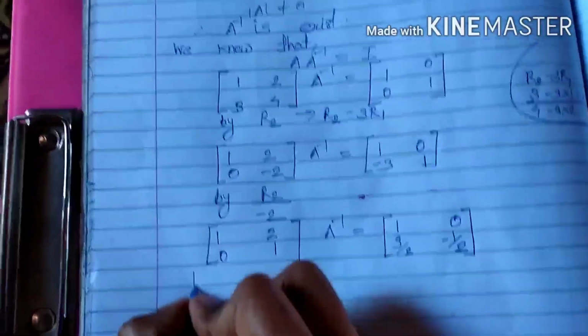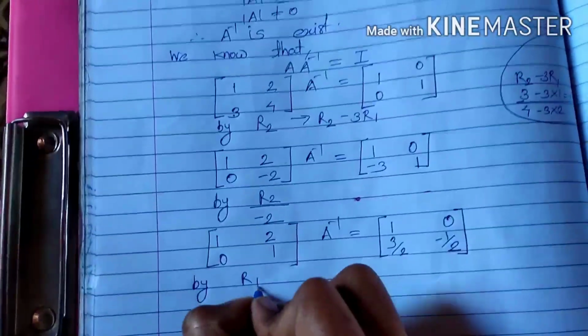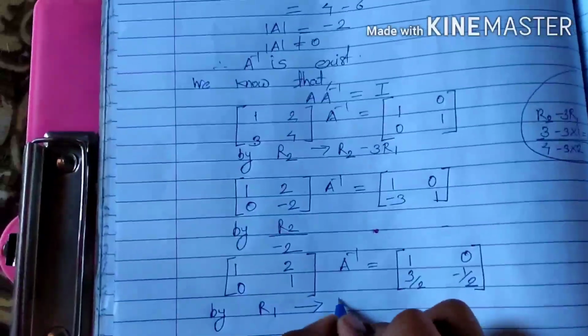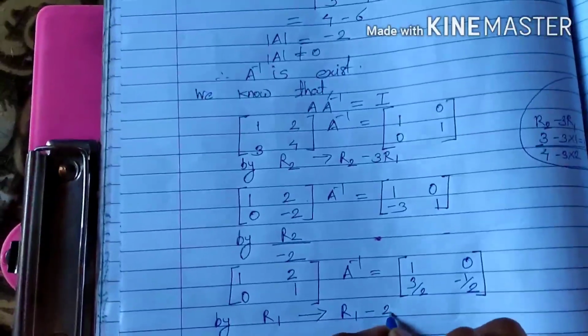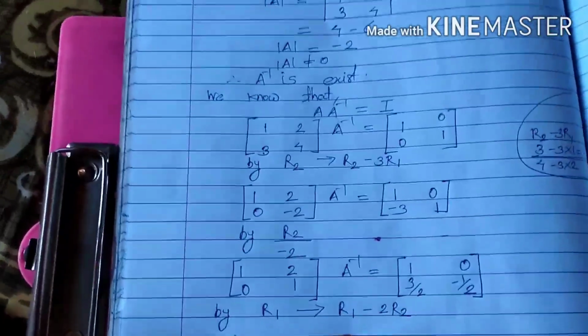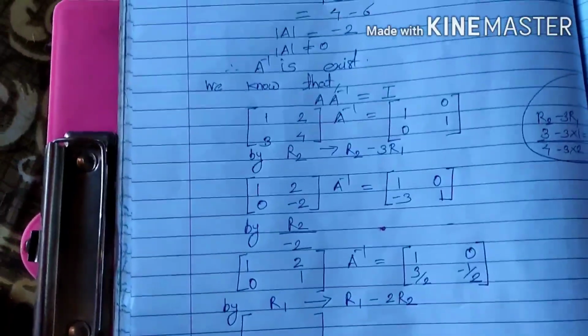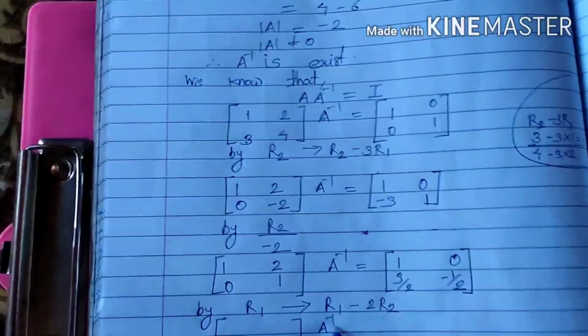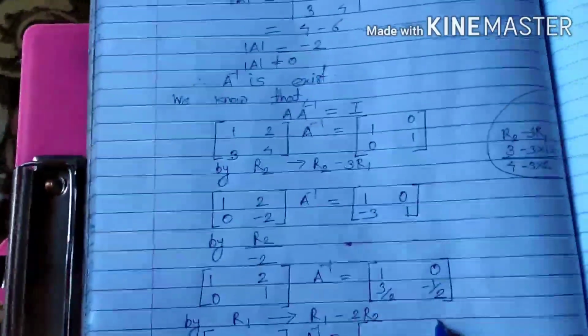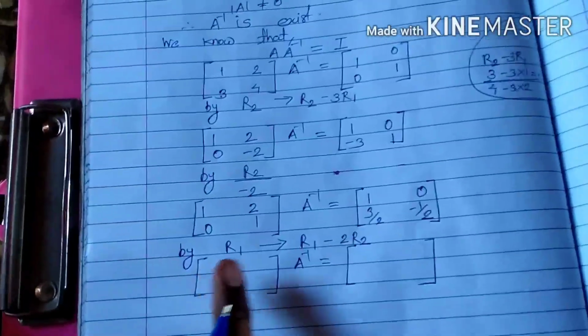So you know R1 is changed, that's why R1 changes to R1 minus 2 R2. So same operation, A inverse is equal to this. So what is changed?